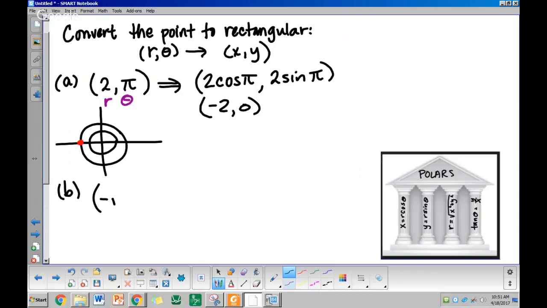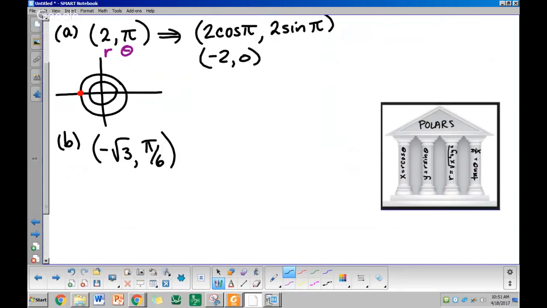Let's say we have -√3, pi over 6. And remembering this is r theta, and I want to put it in rectangular form, and x equals, according to the pillars of polars, r: negative square root of 3 cosine of pi over 6, comma, negative root 3 sine of pi over 6.